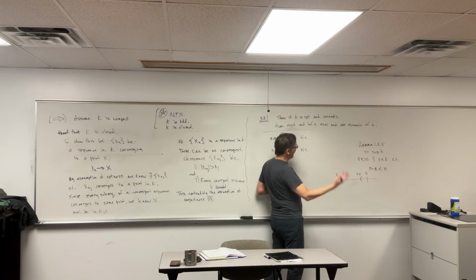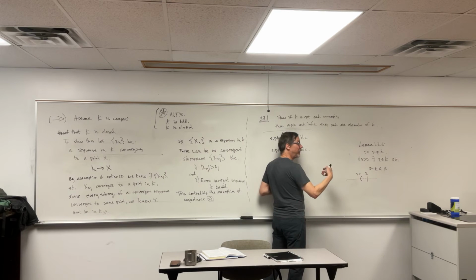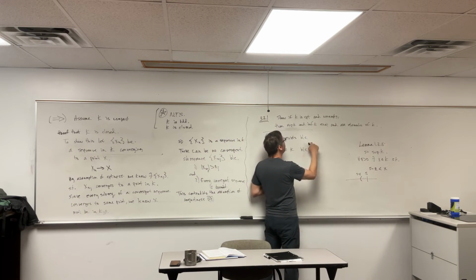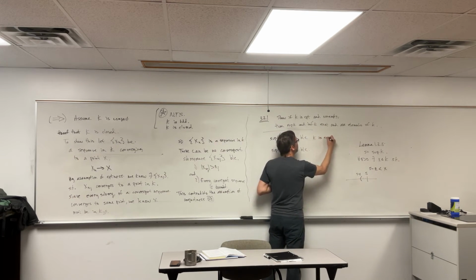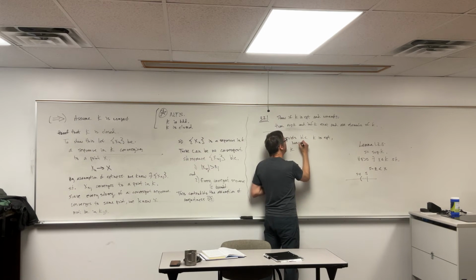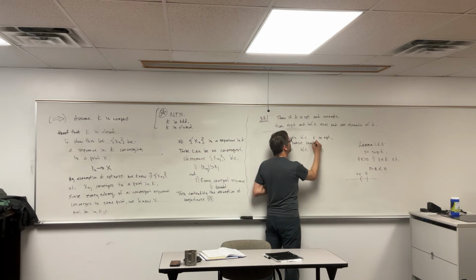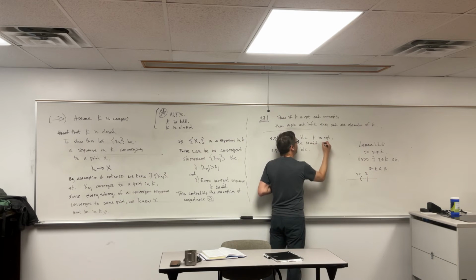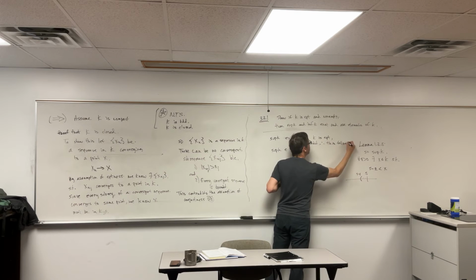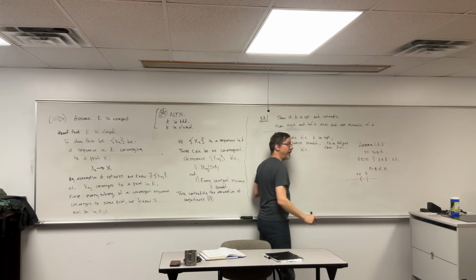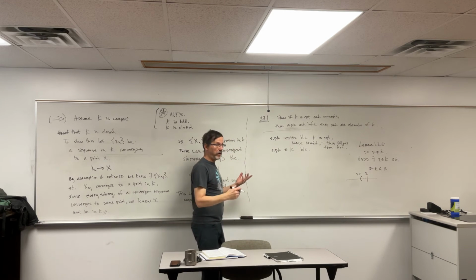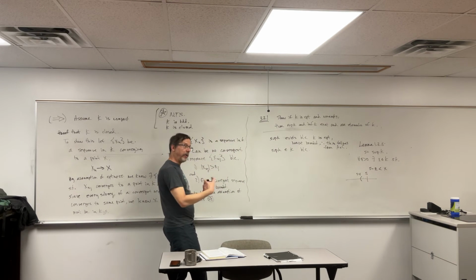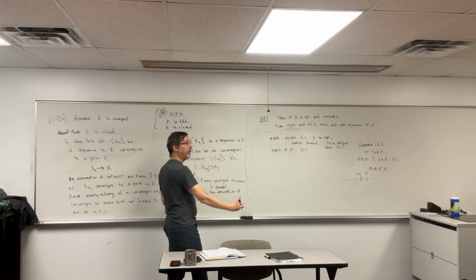K is compact, so we know that's equivalent to closed and bounded. So because K is compact, hence bounded, this follows from the axiom of completeness: every bounded real collection has a least upper bound. If you're bounded, you have a least upper bound.